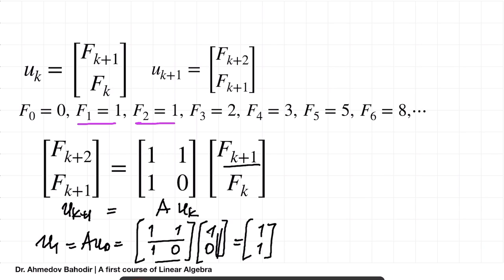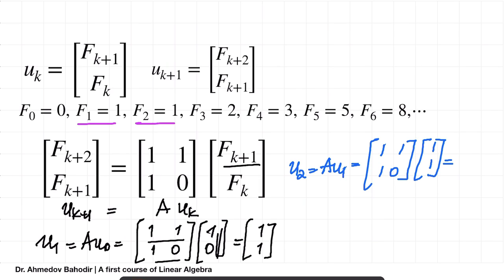If you would like to find u2, for example, you're going to multiply A by u1, which is going to be 1, 1, 1, 0 times 1 and 1, which is simply the sum of these two columns. That sum is going to be 2 and 1. So here is this pair of Fibonacci numbers, 2 and 1.